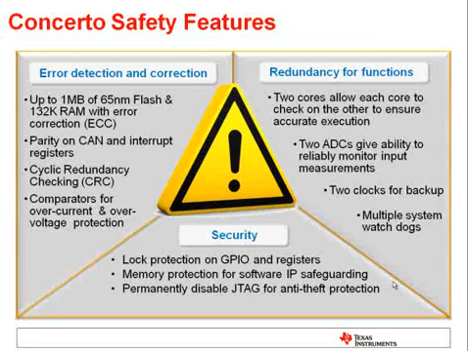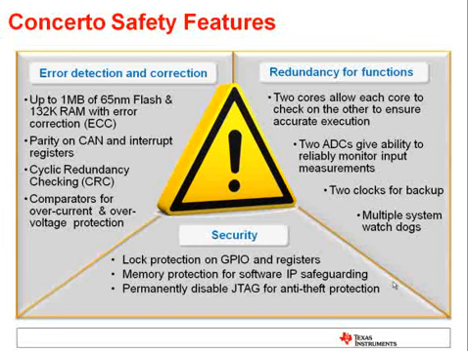Redundancy for functions can add an extra level of detection for critical IP, but the implementation is different for various customer systems. Redundancy is different from error detection in that the designer must take advantage of the redundant features to make the system more robust. For instance, the 2 cores and 2 ADCs in Concerto MCUs are available for a customer to use to make sure the application code is running as intended.